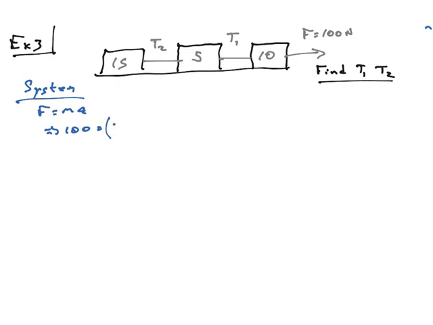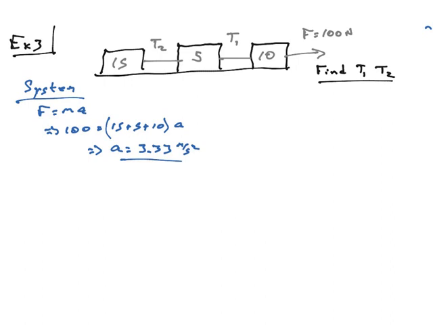And that thing has a total mass of 15 plus 5 plus 10. And that'll give rise to an acceleration a. So I want to solve this for a. So I take 100 divided by 5 plus 15 plus 10, which is 30. So 100 divided by 30, acceleration is 3.33.